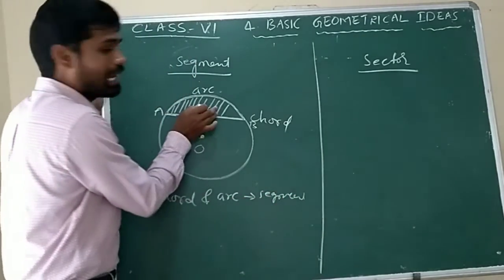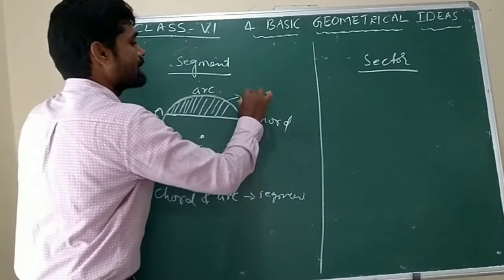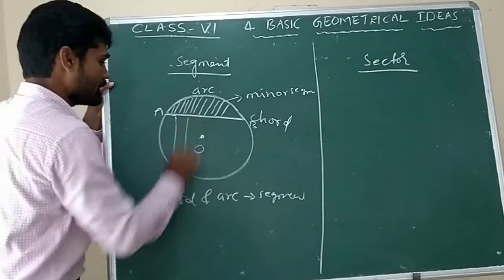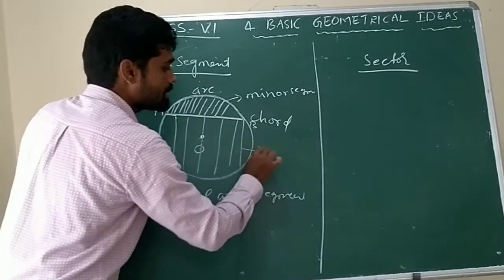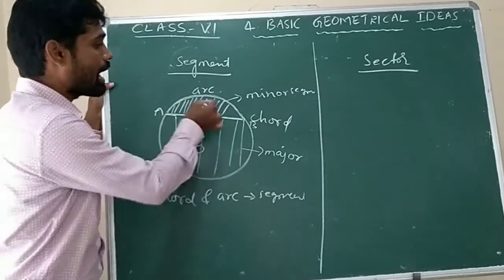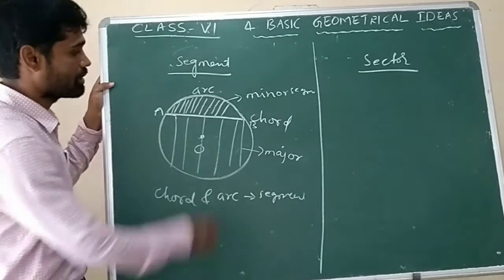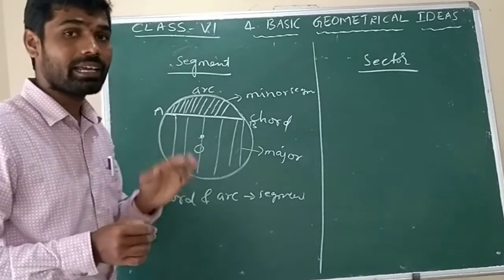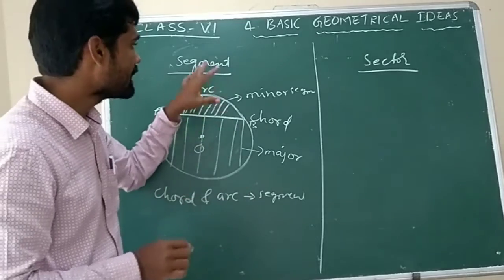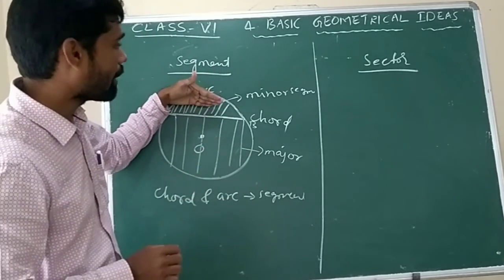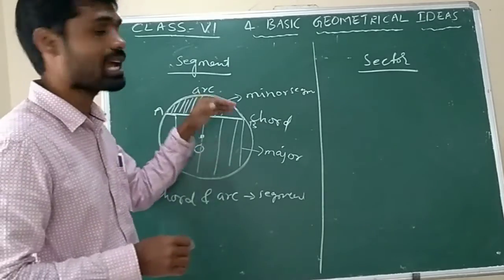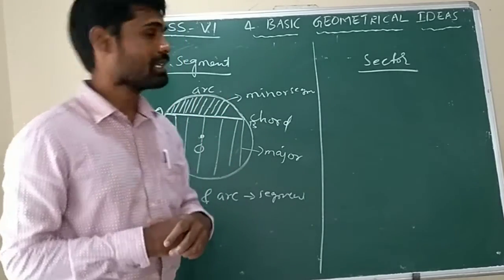Here it is less area, so it is called the minor segment, and this is called the major segment. Major is the more portion and minor is the small portion. So what is a segment? The area enclosed by a chord and an arc is called a segment. The one with the large portion is the major segment, and the one with the less portion is the minor segment.